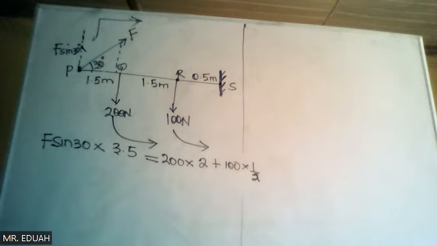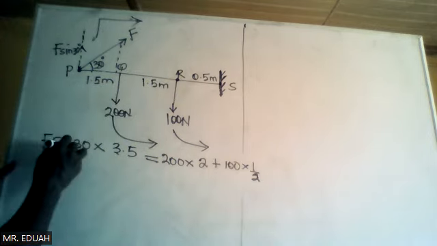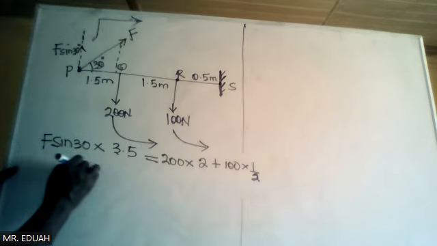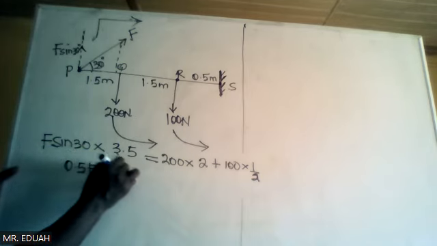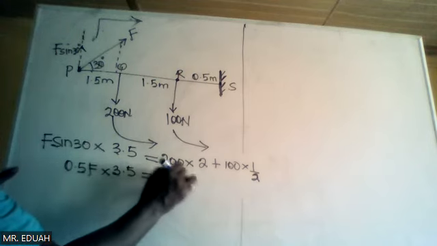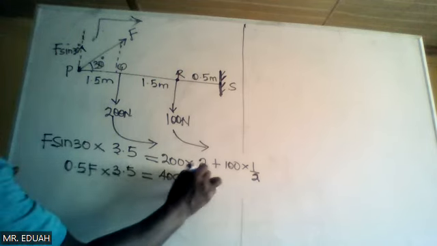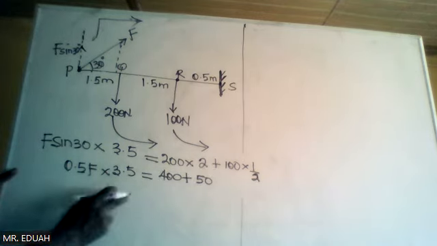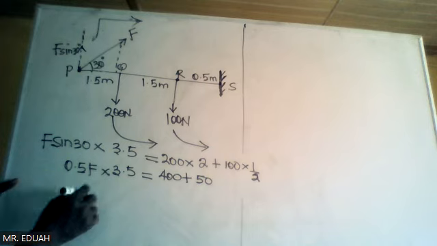That is half. Okay. Now, sine 30 is half. So we have 0.5 times 3.5 is equal to 400 plus 50. Multiply 0.5 by 3.5 for me.